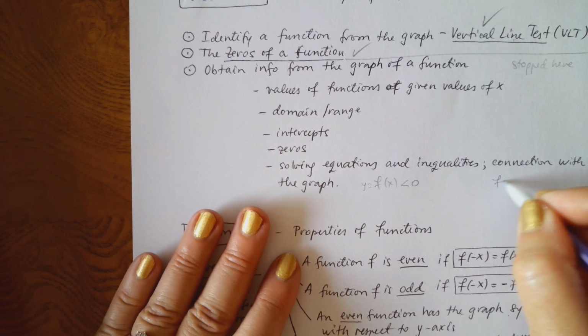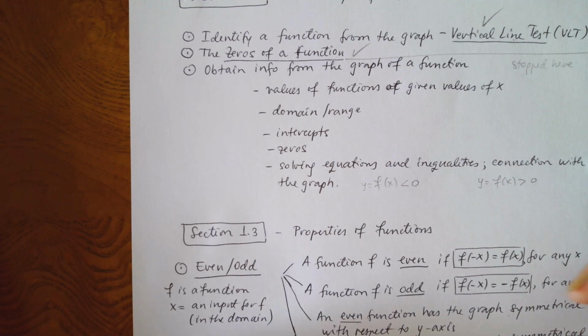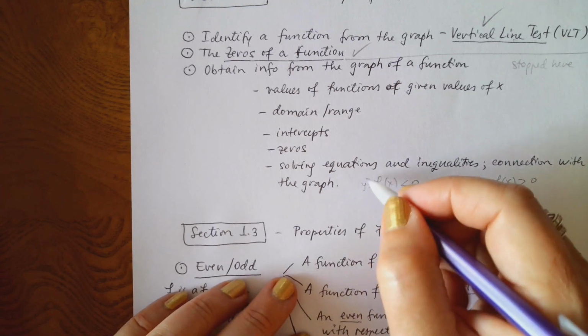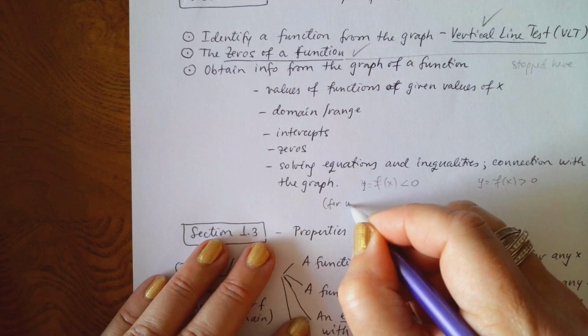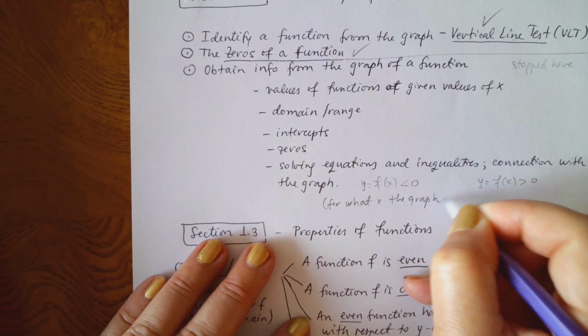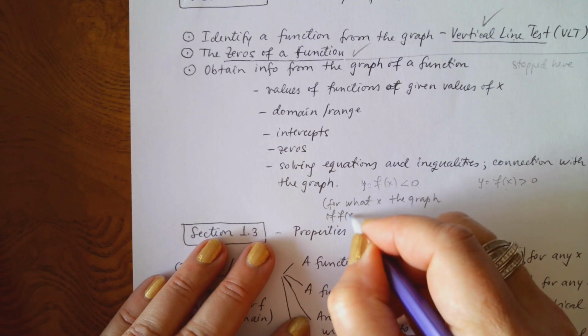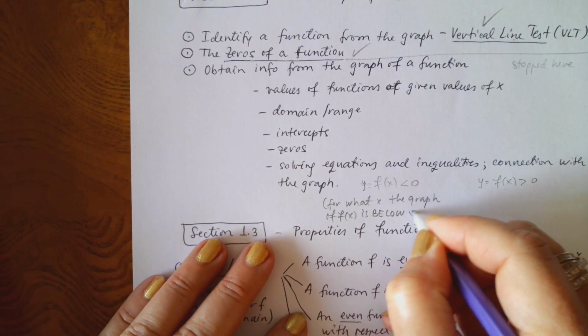If I want to solve f of x greater than 0, I'm looking for the points where the graph is above the x-axis, because y is positive. So maybe you want to put those in there. So for what x is the graph of f of x below the x-axis.